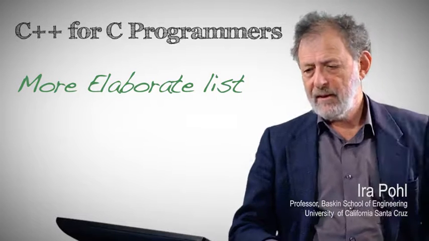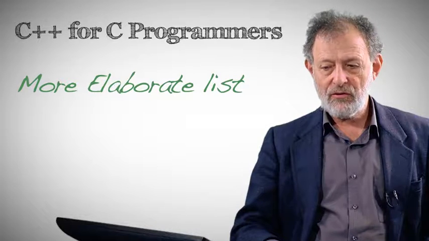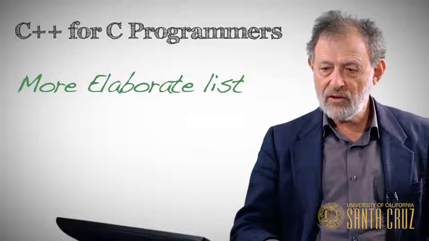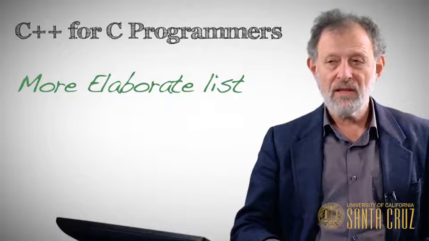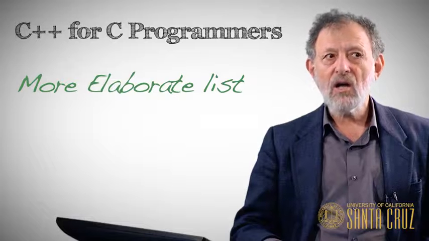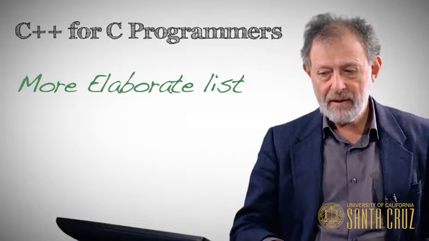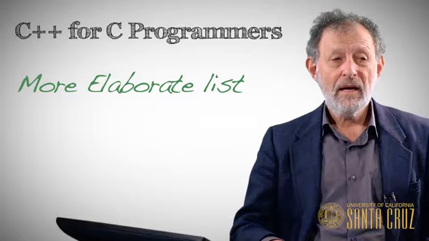Okay, so now let's try to develop a more elaborate list. When you go to use the same kinds of data structures in the standard template library, you're going to see a lot of additional member functions, methods, because this is so much in common use.